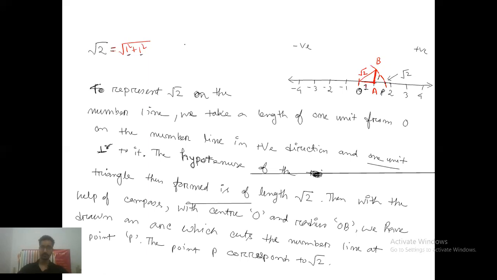Exercise 1.2, question number 3, all of you do as homework, same process. That's why I am telling you that you have to express the given number in this form. In the same way, root over 5 we can plot as root over 2 square plus 1 square, because 2 square is 4, 4 plus 1 is 5.